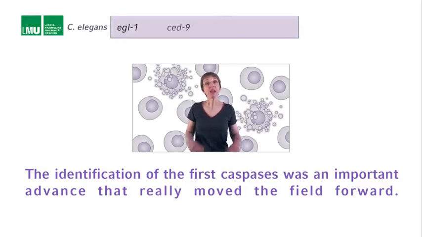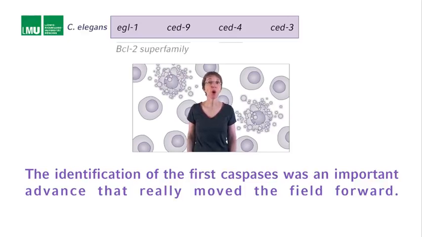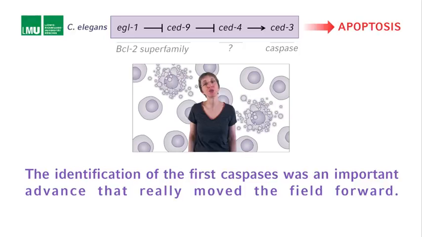This pathway is linear and is composed of the genes egl-1, ced-9, ced-4, and ced-3. egl-1 and ced-9 encode members of the BCL2 superfamily, ced-4 a protein of unknown function, and ced-3 a caspase. egl-1 is pro-apoptotic and negatively regulates ced-9. ced-9 is anti-apoptotic and negatively regulates the pro-apoptotic ced-4. And ced-4 positively regulates the pro-apoptotic ced-3, the expression of which can then induce apoptosis.